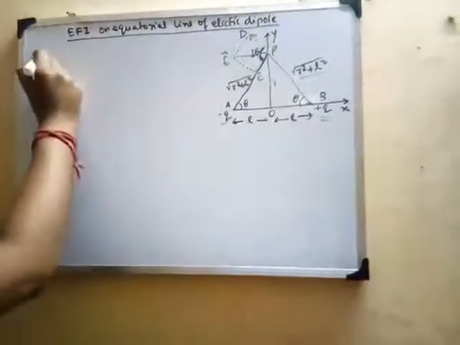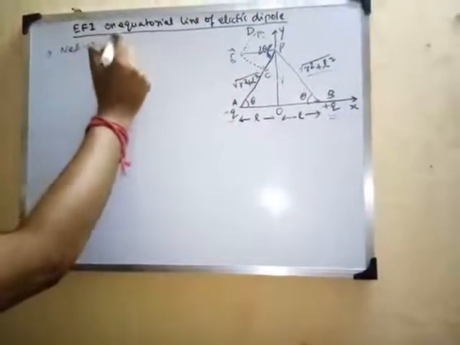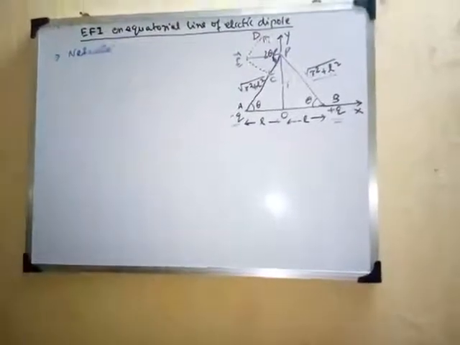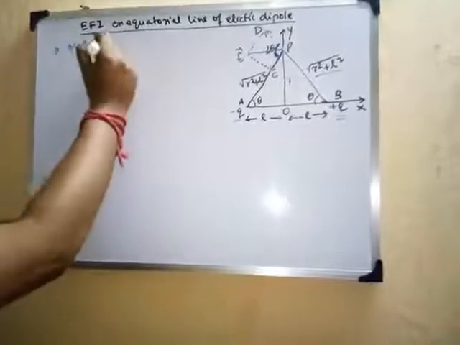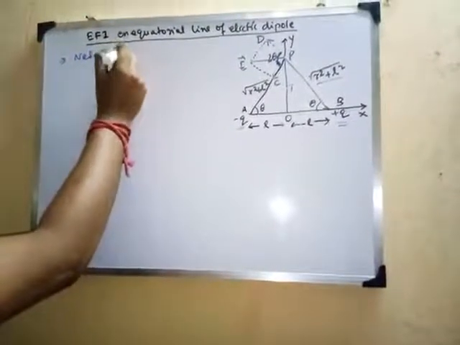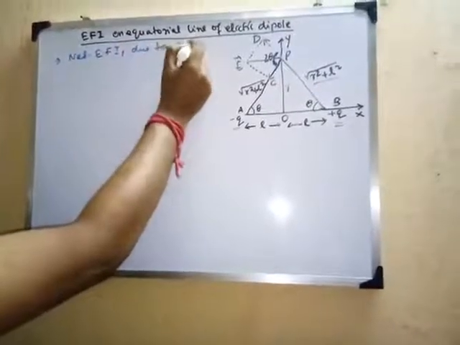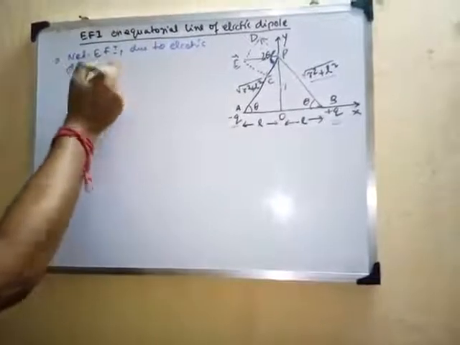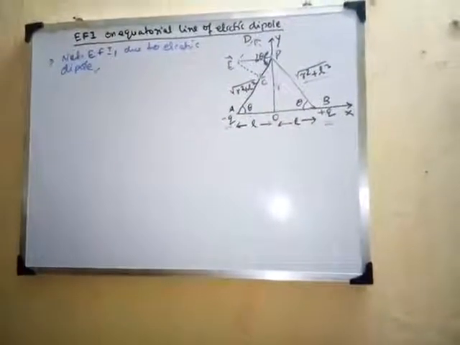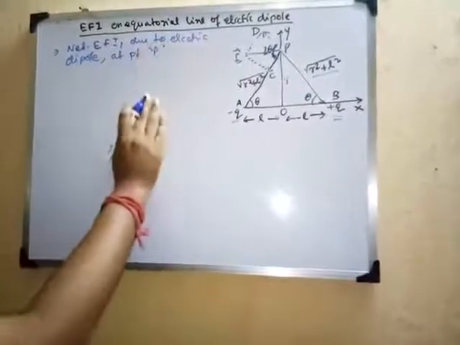So now we can write the net electric field intensity, or simply EFI, E due to the electric dipole, that is, considering both plus q and minus q together at point P, right?